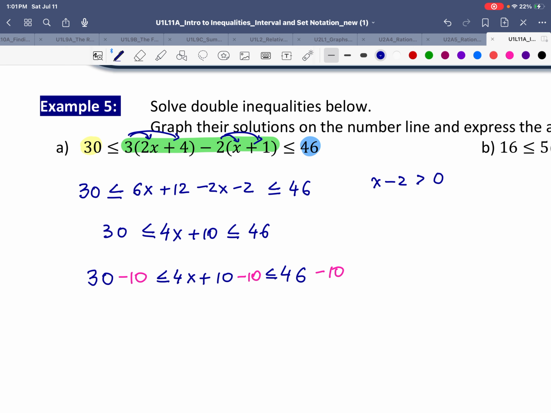So now the middle part is 4x, 10 minus 10 is 0. The right end has become 36 and the left end has become 20.